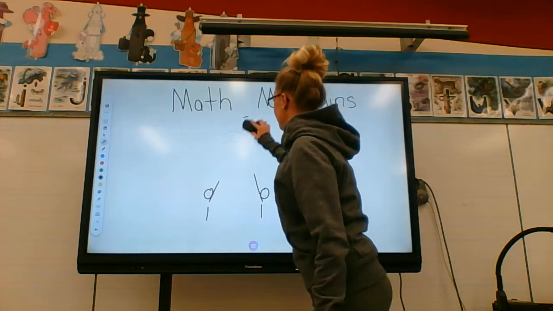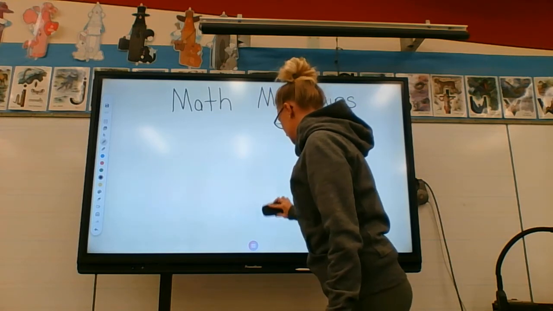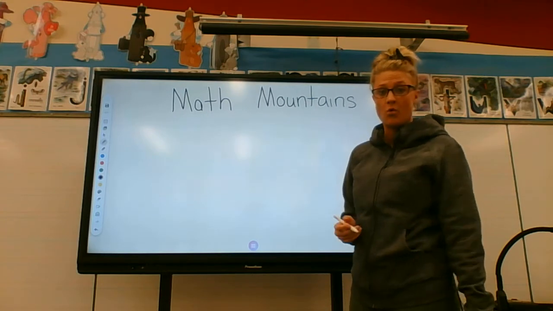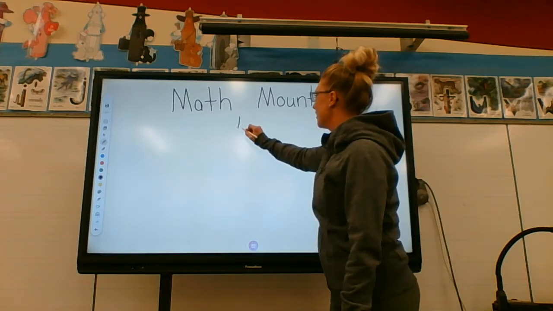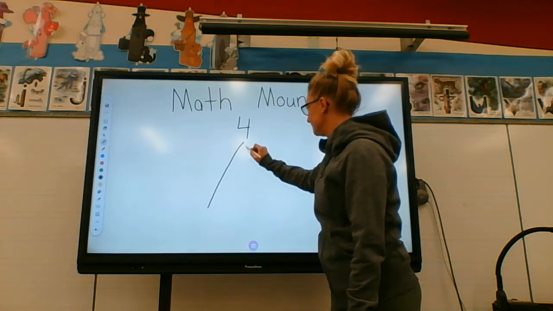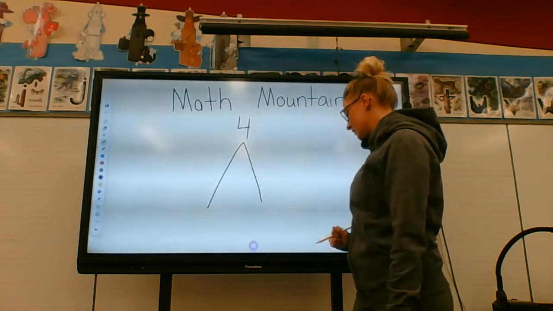If you look at the third row on your worksheet, we're now working on partners of 4. So I'm going to write my 4 at the top, draw my math mountain, and then look to see what partners they're starting with.